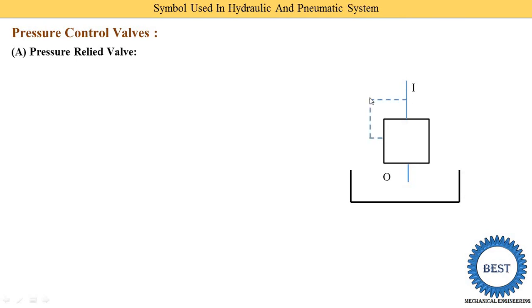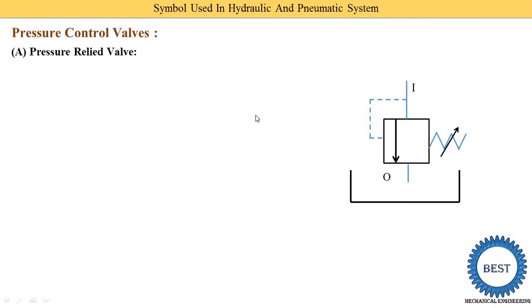Then this dash line is drawn. Later I will explain the meaning of this dash line. A dash line is generally drawn to indicate the drain or pilot, which we understood in the first video. Then we draw one arrow line, which I will later explain is the spring, and with this spring an arrow is drawn. So this is the symbol of the pressure relief valve.